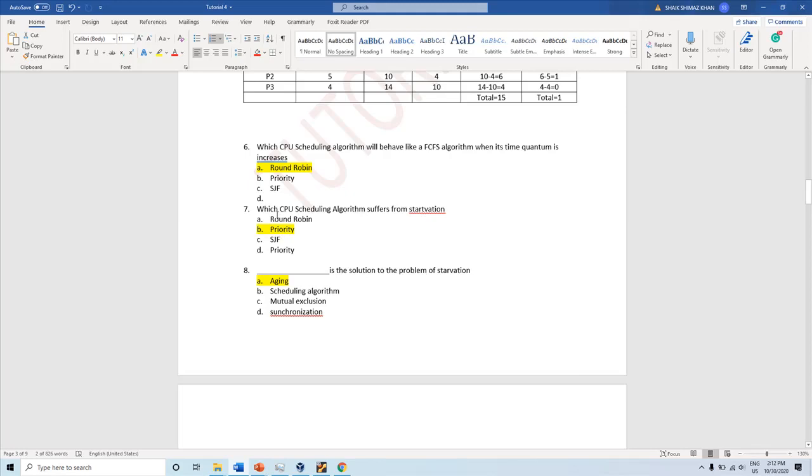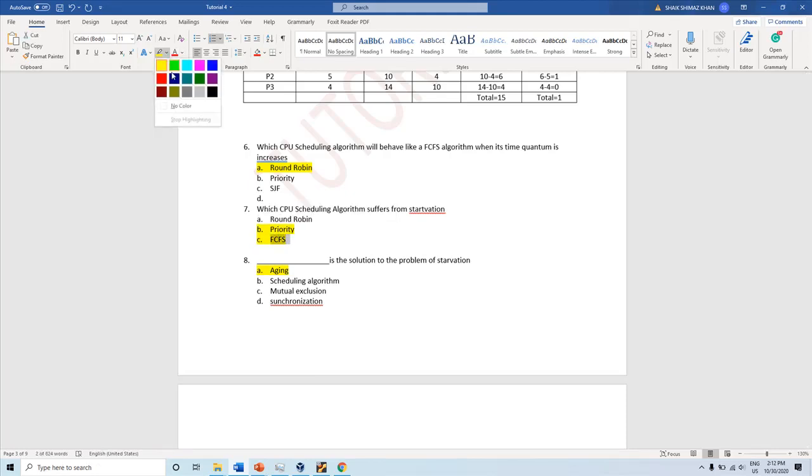The priority algorithm is susceptible to starvation, whereas round robin does not suffer from the starvation problem, and neither does FCFS. The solution to the starvation problem is aging.